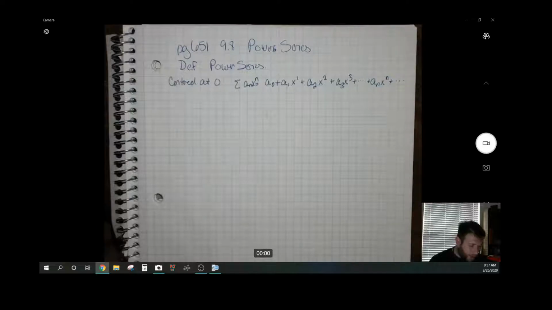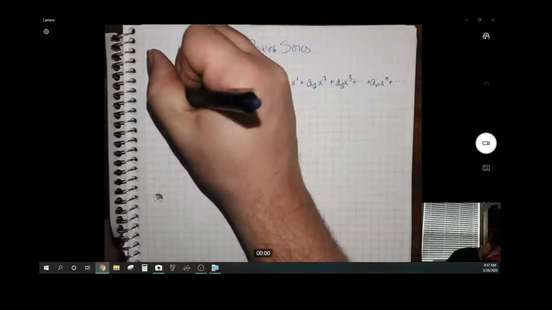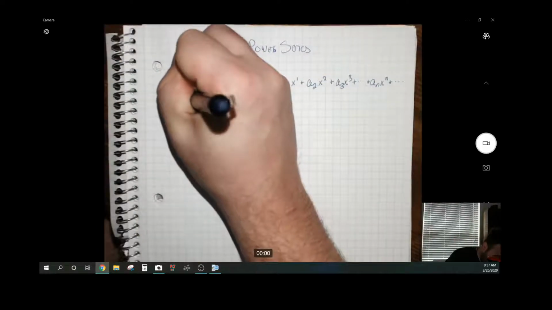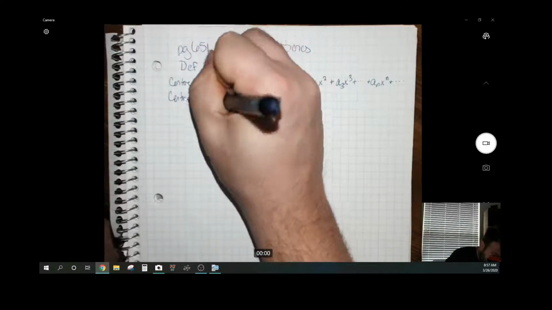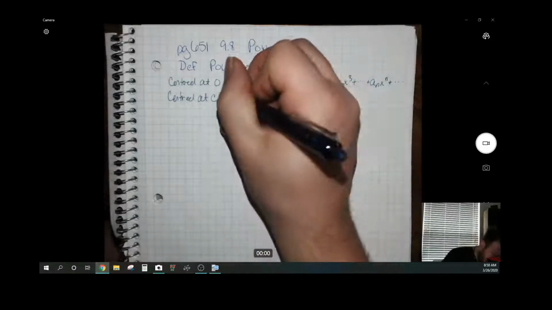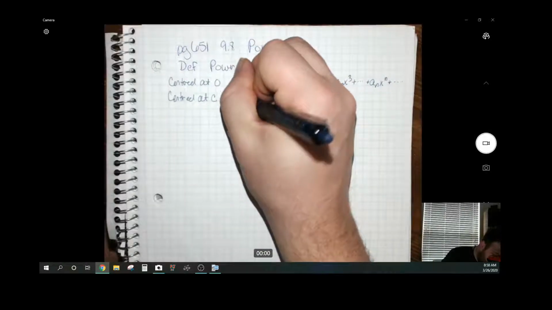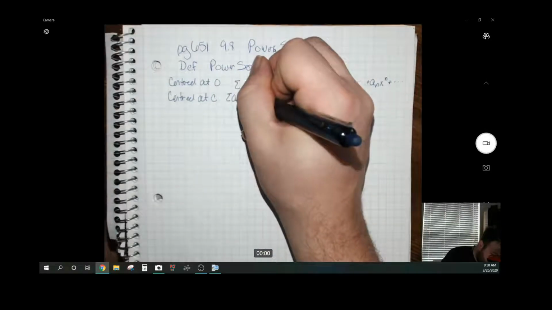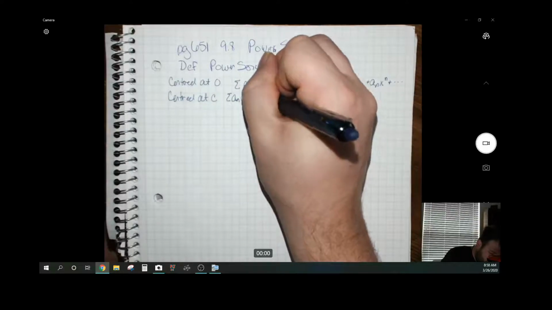Now, the other one is centered at whatever value c. Well, what this means then is now my series is defined by something just slightly different: x minus c to the nth power.